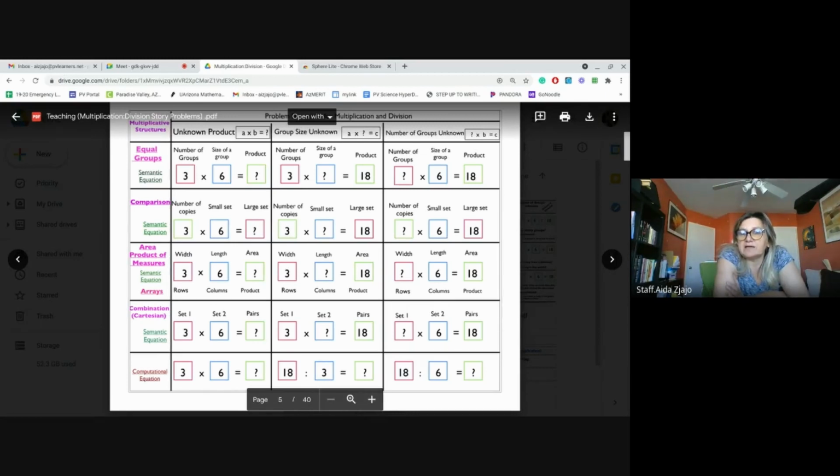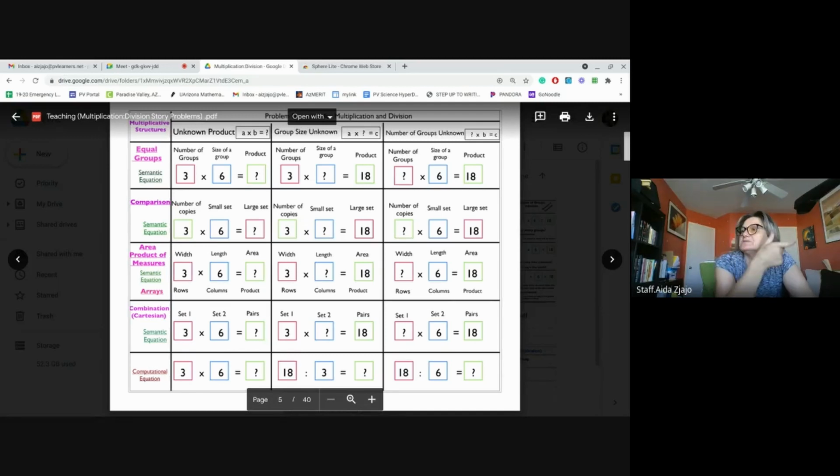If we know the large set and we know how many times the small set is in the large set, we can figure out by division how big the small set is. And then the third one is if we don't know the number of copies, but we know the small set and the large set.